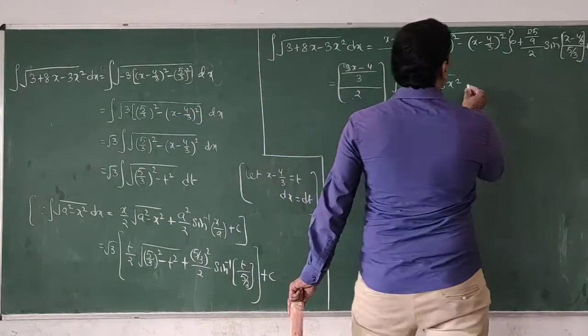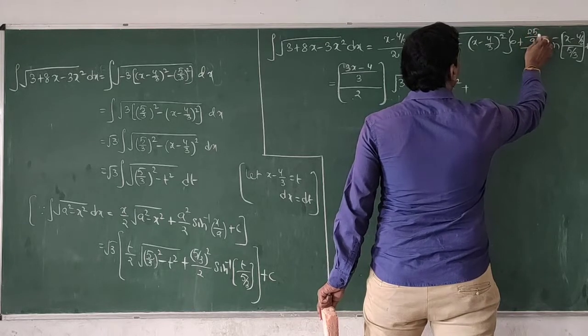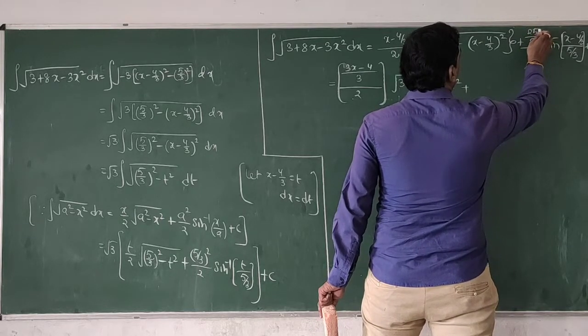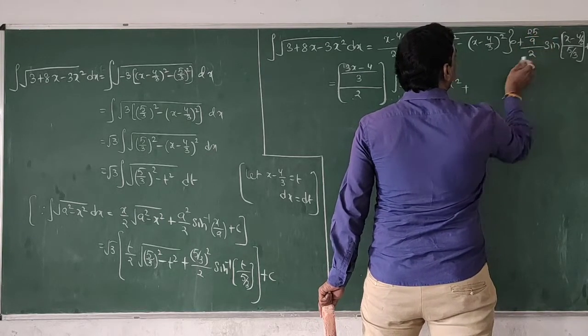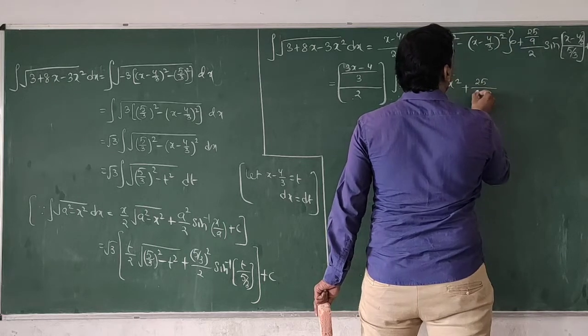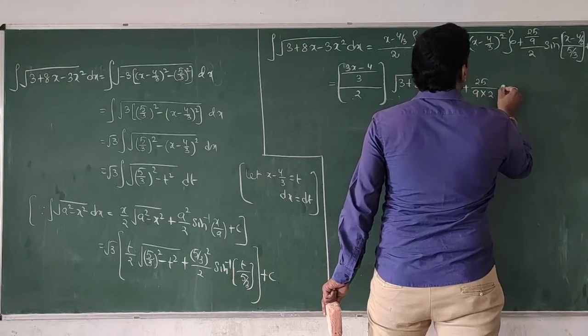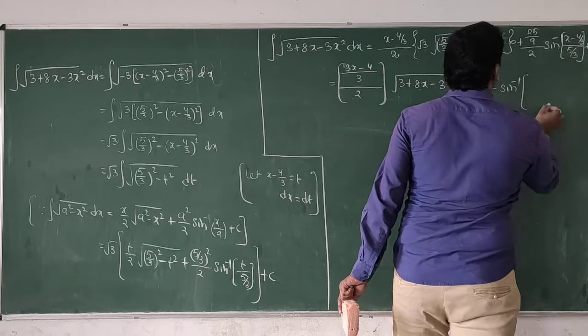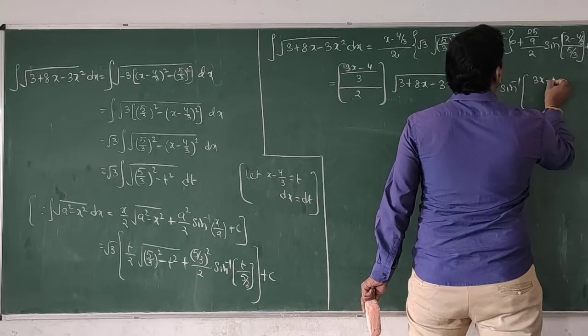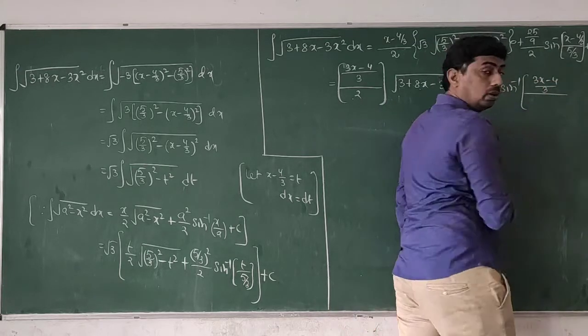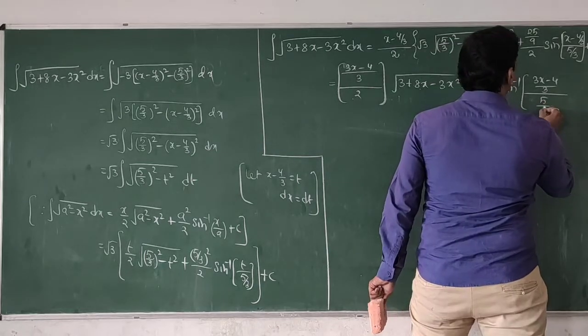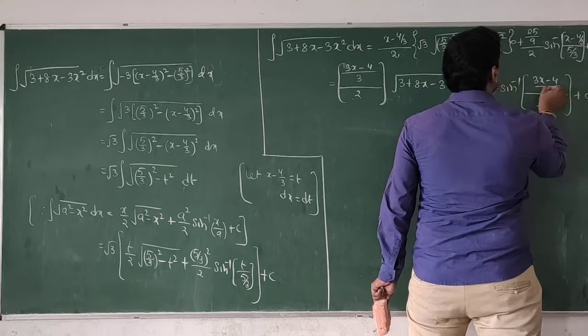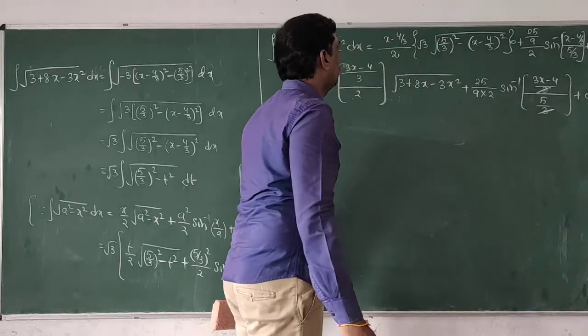Okay? Plus, this is in the form of a by b. Here, 1 by a by b, 1 by a into b, 25 by a into b, 9 into 2. Sine inverse of, do the LCM in the numerator, 3x minus 4 by 3 whole by 5 by 3 whole, by 5 by 3 plus 3 get cancelled. Okay.